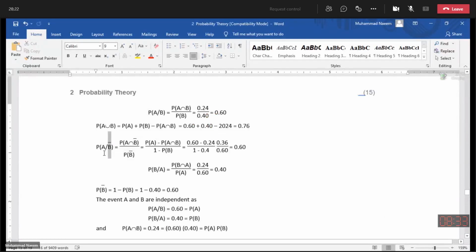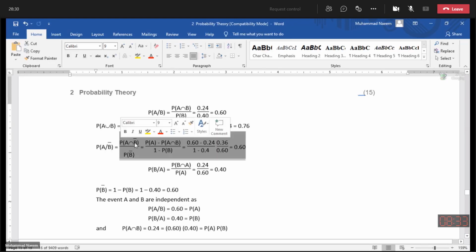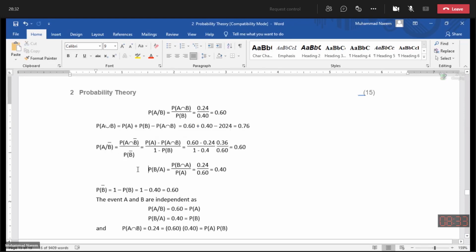By definition, the probability of A given B complement is equal to, because in the numerator we have the intersection and in the denominator we have the probability of the second event, B complement.